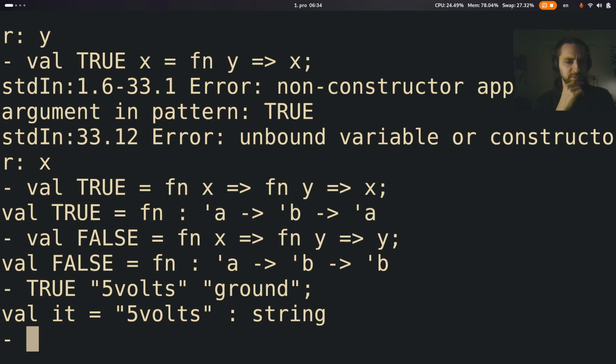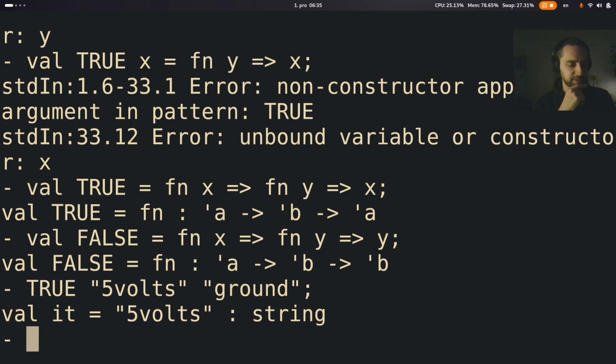So does that mean that it ignores the second? That's interesting. So the constant ignores the second input and gives back the first input.